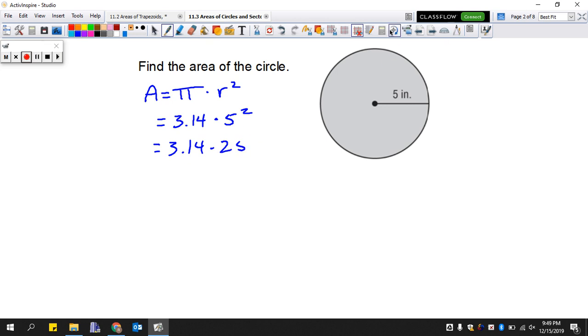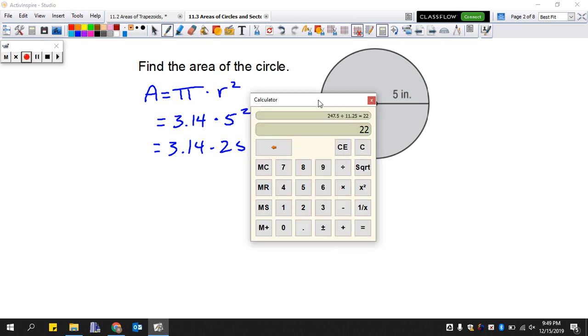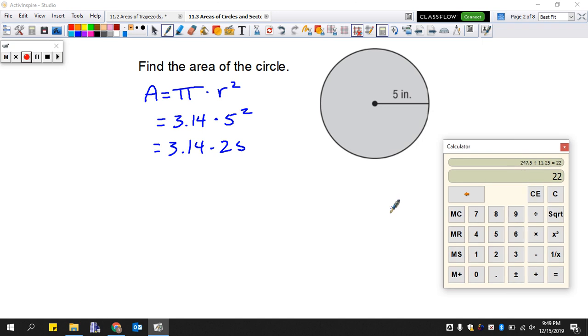When we do that, we end up with 78.5. So the area of this particular circle is 78.5 square inches.